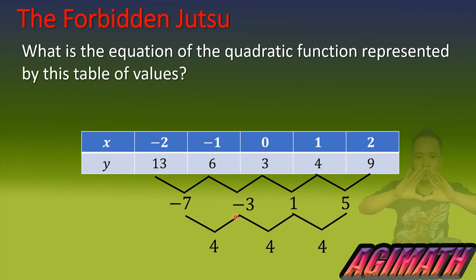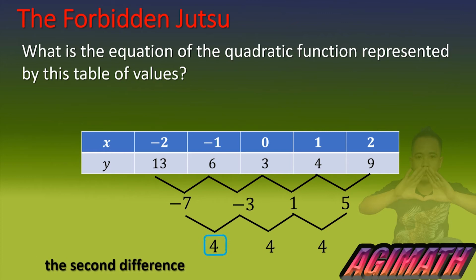Now take note of the value of the second difference, which is equal to 4. Why do I put emphasis on this? Because this 4 will be used to find the value of a.